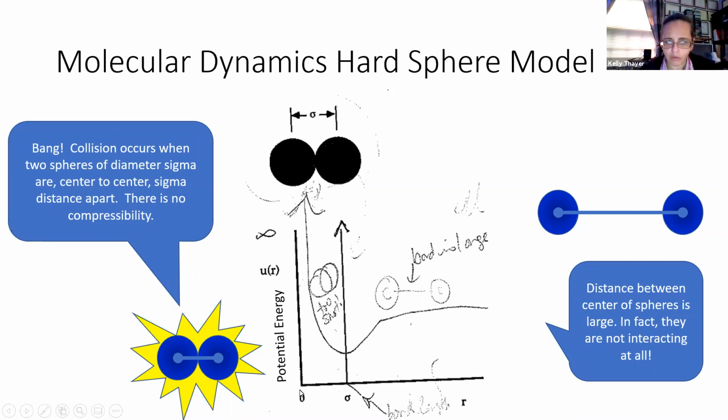So basically what we're following is the distance between these two spheres. Notice that the diameter of the spheres is going to be 1 sigma. When we look at the distance, we measure from the center of one to the center of the other, and that gives us also a distance of sigma, assuming that they are the same size. For simplicity, let's just assume that they are of equal size and mass.